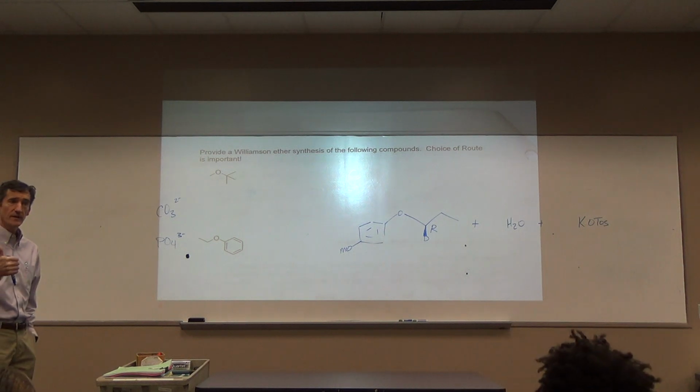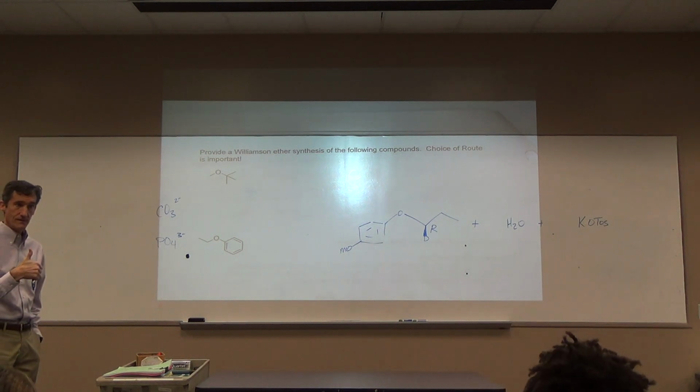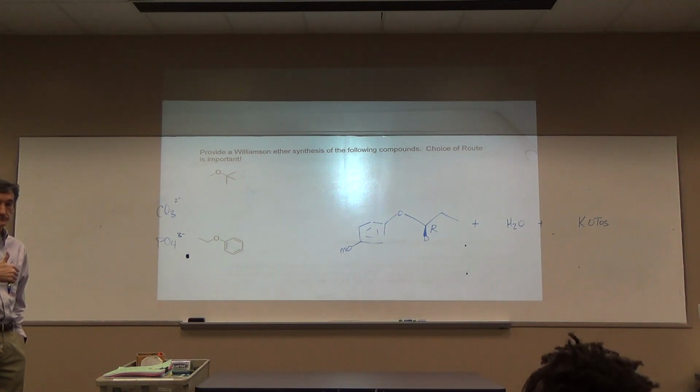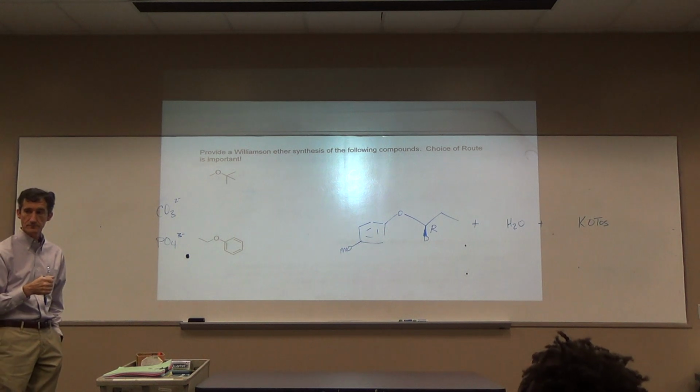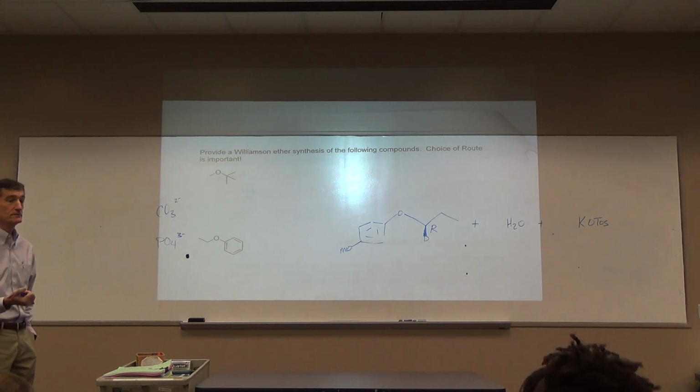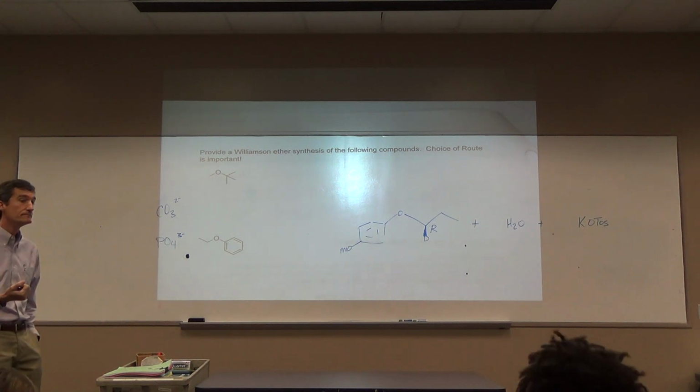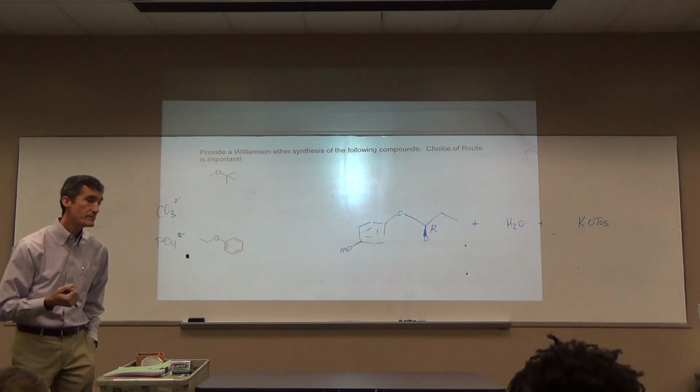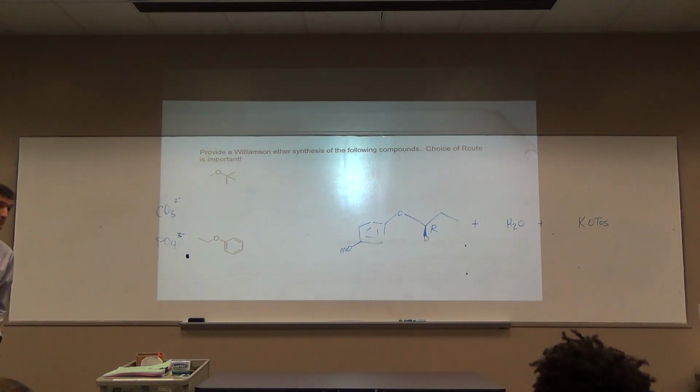Williamson ether starts with an alcohol. Or phenol, yes. A specialized type of alcohol. Starts with an alcohol or phenol, and then we alkylate it. And when you alkylate it, you need a carbon leaving group, right?